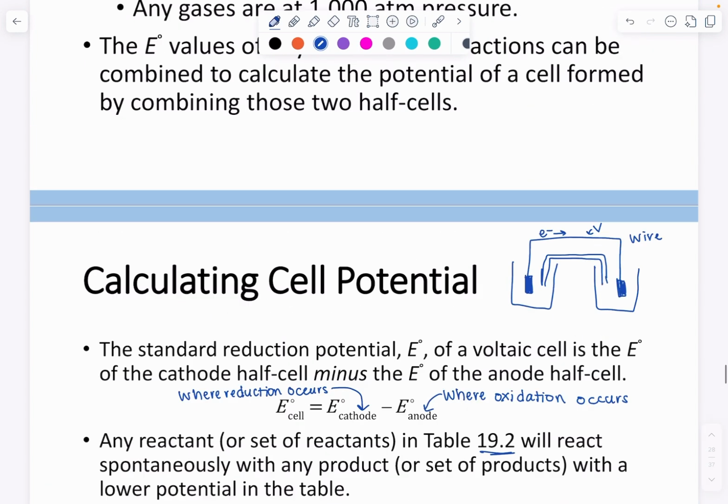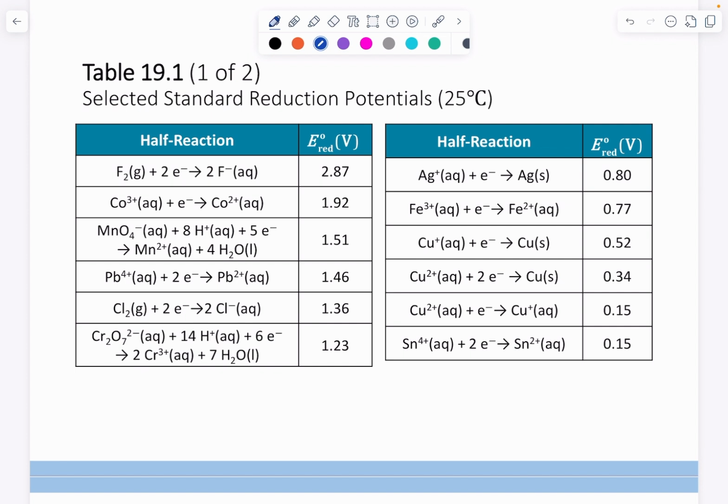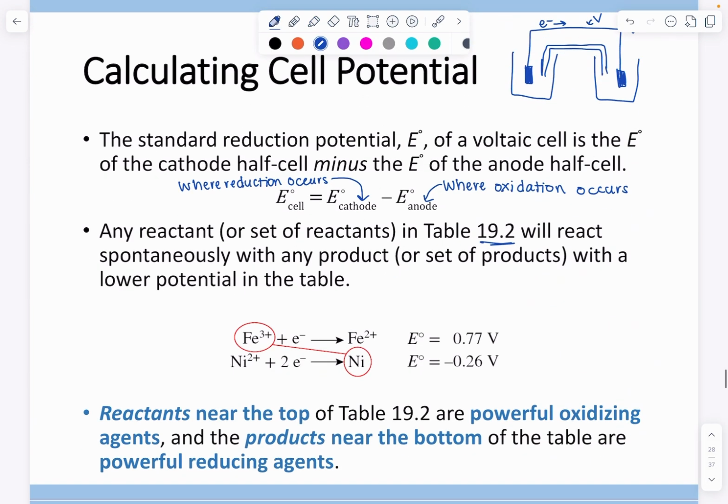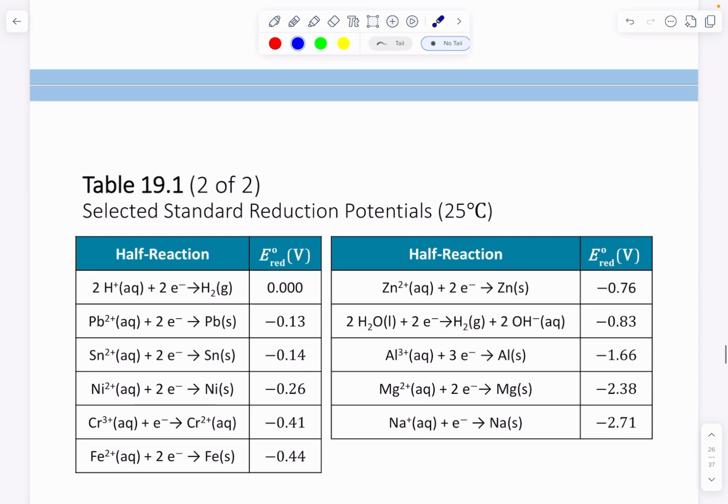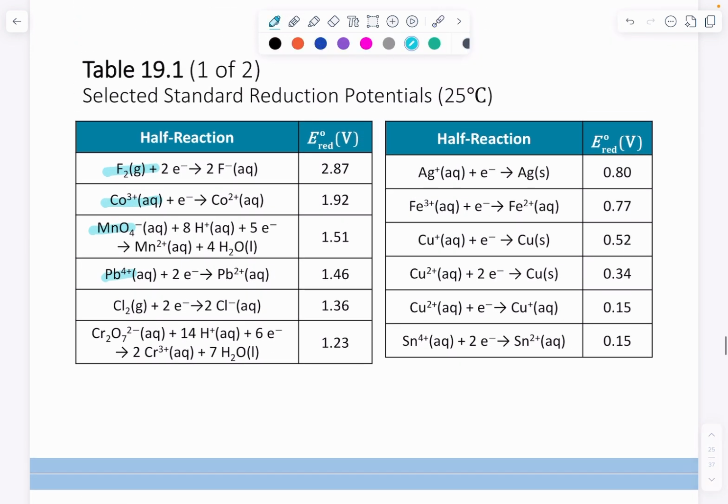Let's go back to the table and look at that a little better. Reactants near the top, so let's use a highlight, that would be F2, Co3+, MnO4-. All of these, going back to the slide, are powerful oxidizing agents. Remember that whatever gets reduced is the oxidizing agent.